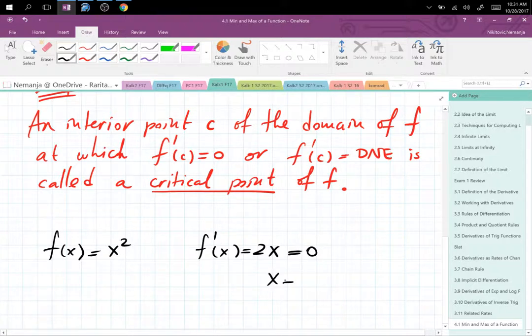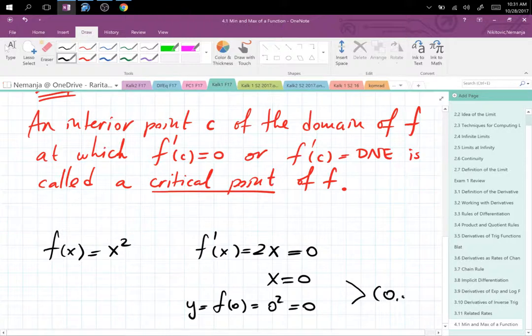We obtain x equals 0. Then we find the y value for it, which is you plug the critical number into the original equation. So 0 squared is 0. And finally, we have (0, 0), and that's your critical point.